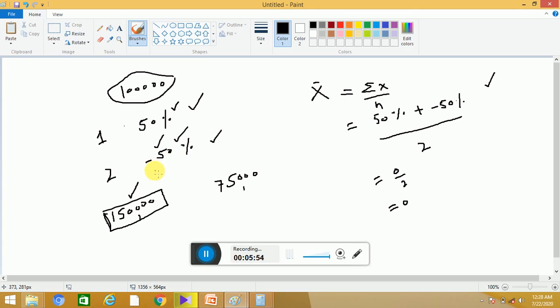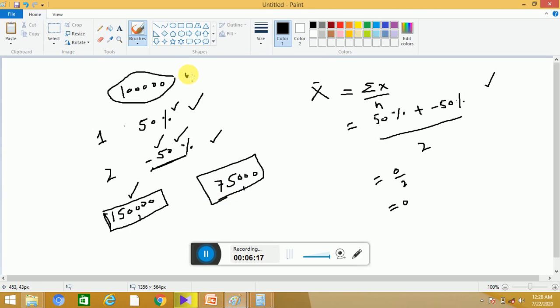Then second year there is a loss of 50%. So 1,50,000 multiplied by minus 50%. When you calculate 50% of 1,50,000, you will get $75,000.